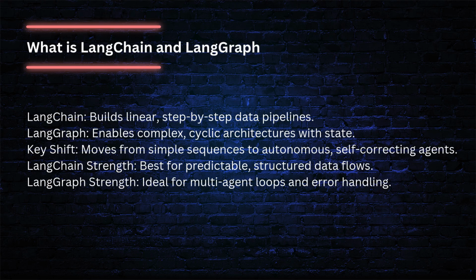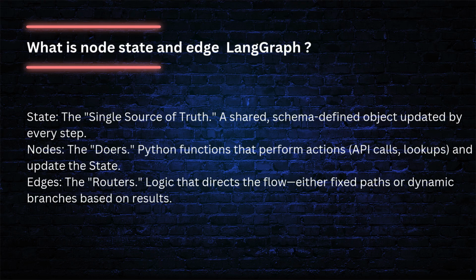What are node, state and edge in LangGraph? In LangGraph, an application is built as a state machine where nodes represent execution steps and edges determine the flow of data between those steps.